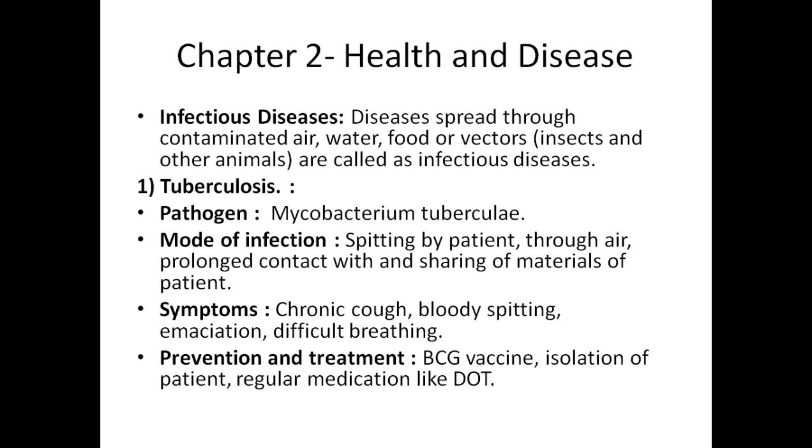First is the pathogen, second is the mode of infection, then the symptoms, and then the prevention and treatment we should take. The pathogen is the name of the bacteria which causes that particular disease. The mode of infection is how it enters our body. Symptoms are what we experience once we suffer from that disease.